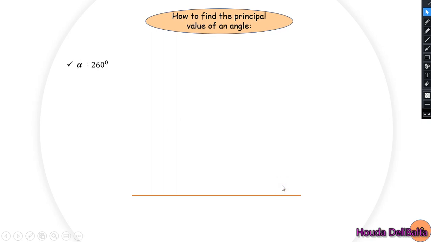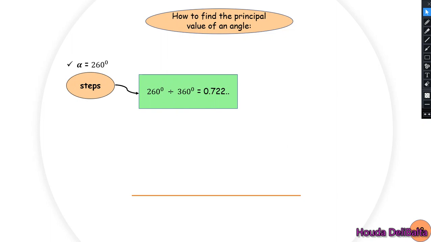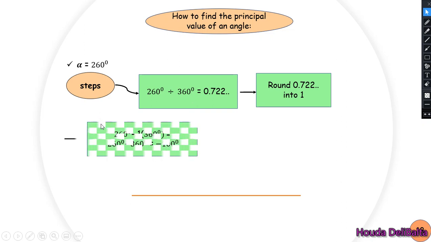More examples. Here alpha is 260, which is a value less than 360, but it's not a principal value because it's more than 180. Again, the same way we divide 260 by 360, we get 0.722. When rounding, we get 1. Then actually we are going to get a negative answer because when rounding, we get a value greater than the actual value.